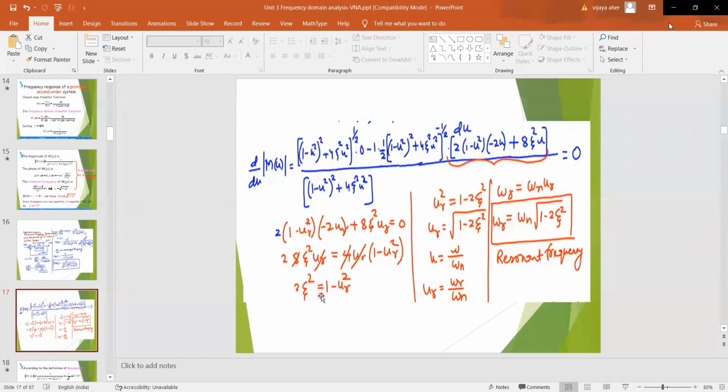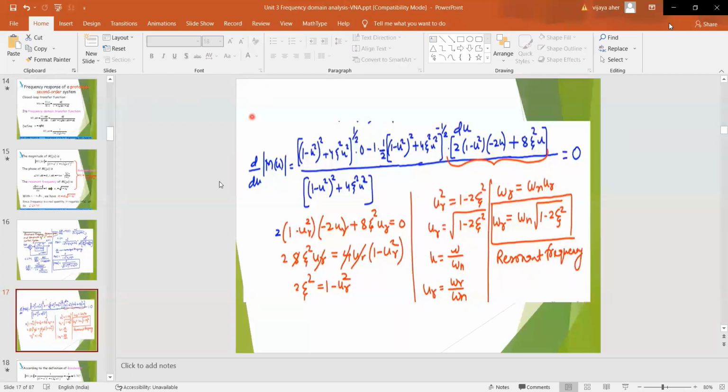2 zeta square is remaining on the LHS. On the RHS, only 1 minus u r square is remaining. Now proceed further. u r square is equal to 1 minus 2 zeta square. u r is equal to under root of 1 minus 2 zeta square.